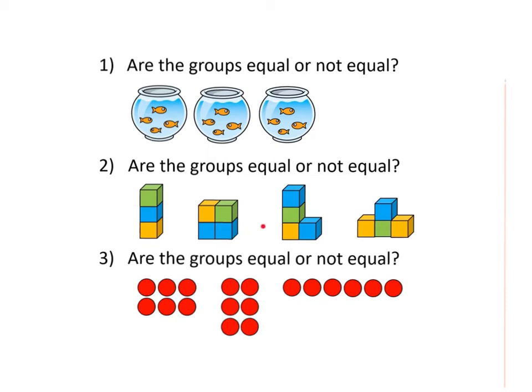This set and this set is made up of 4 blocks, but this set over here is only made up of 3 blocks, so these groups are not equal. And finally, question 3, look at these arrays at the bottom. Each array has 6 counters in it, so that means that we can see 3 equal groups.